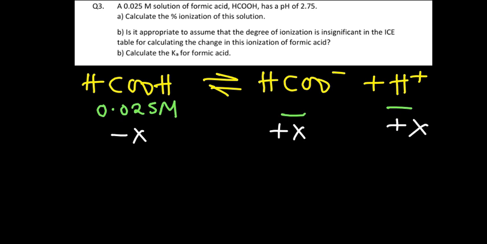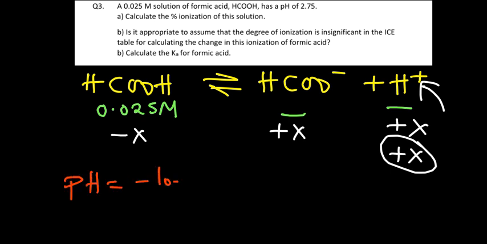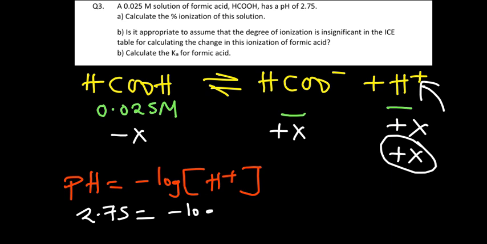So in this case, x itself is going to represent the concentration of what? The proton, right? So the pH is dependent on the negative log of x, or the hydrogen ion concentration in other terms. pH has been given to be 2.75, and we have the negative log of the hydrogen ion concentration.